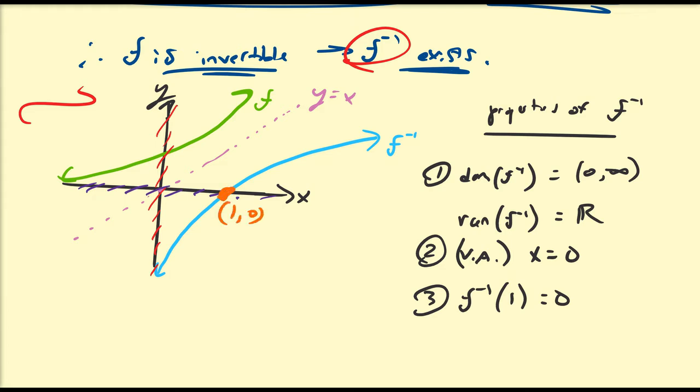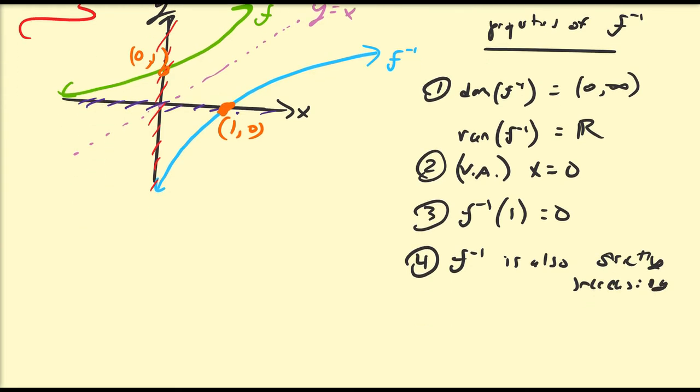So this is (1, 0), because this point here is (0, 1). And also it's very easy to prove that if f is increasing, its inverse is also strictly increasing. So it's not decreasing. It's not the opposite of what's going on here.